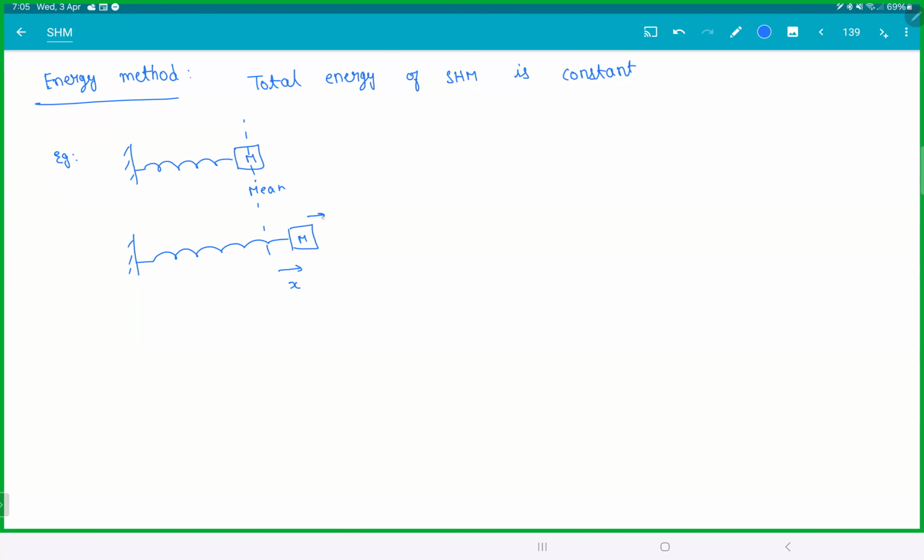Whenever you use the energy method, this is what you do: displace from mean by x, and let the speed be v, and acceleration a.